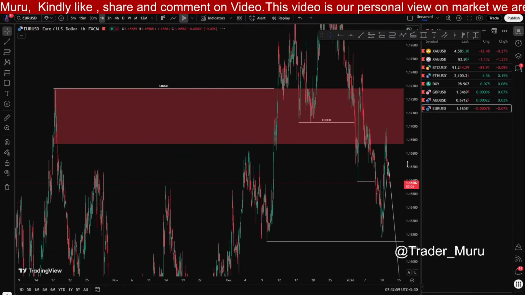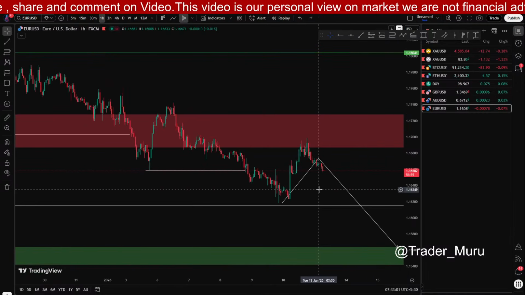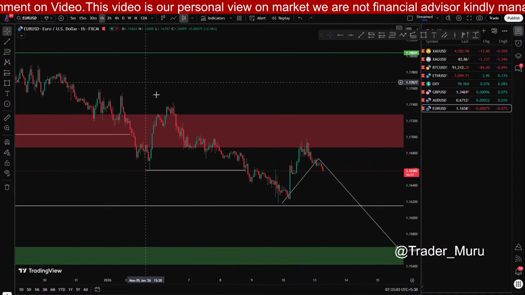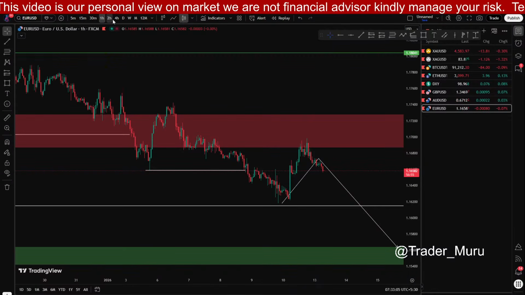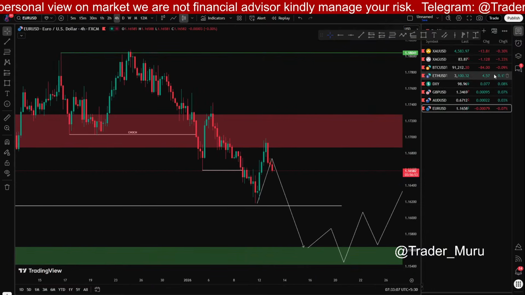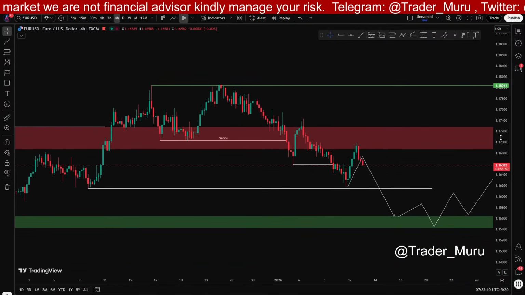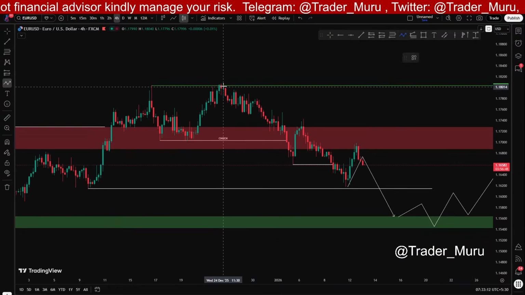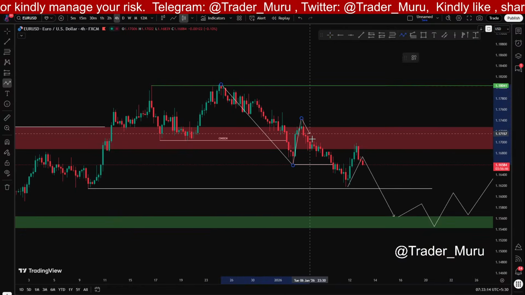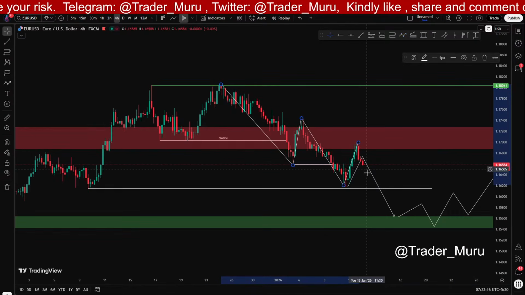Euro is still bullish in 1 hour and bearish in 4 hour. In 4 hour, it is continuously making lower lows and lower highs.